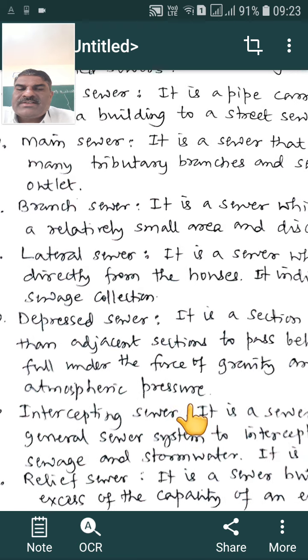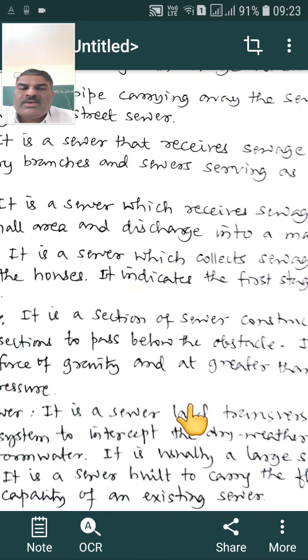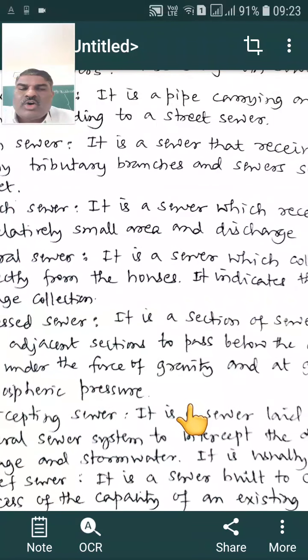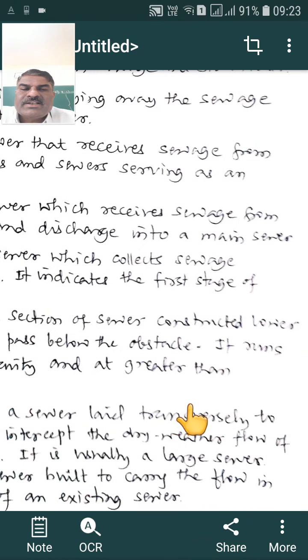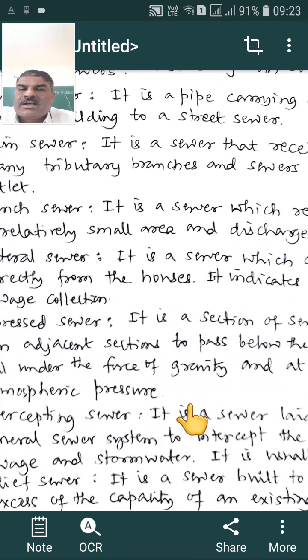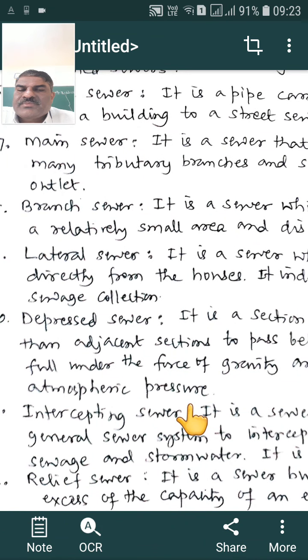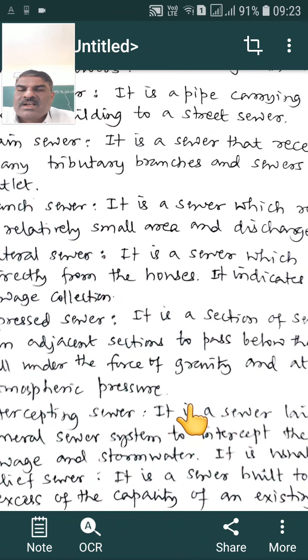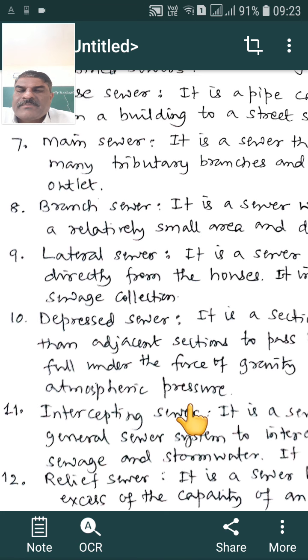Then coming to branch sewer, it is a sewer which receives sewage from a relatively small area and discharges into a main sewer. Whatever small area we have, the sewage pipeline from that will be connected to the main sewer. Such a sewer is a branch sewer.